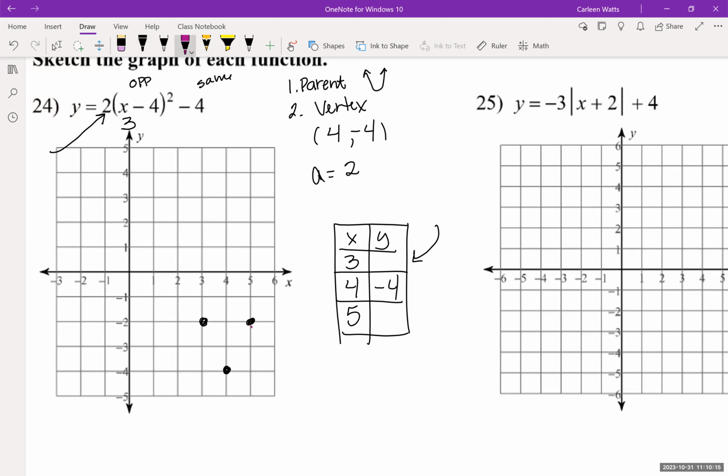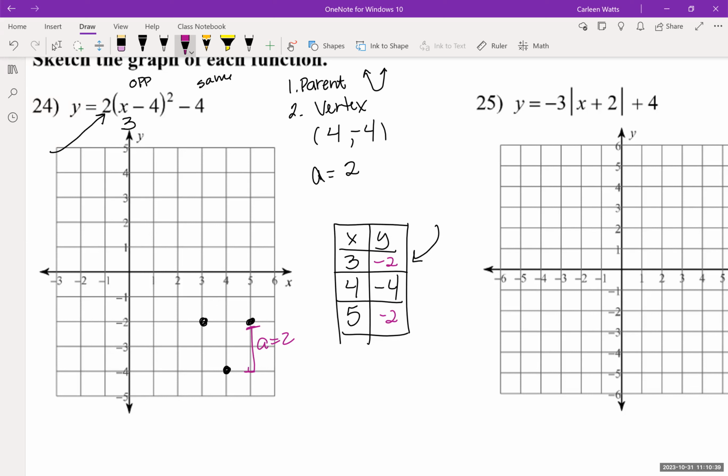Is that confusing? This is what A is. 1 to the left, 1 to the right. The x value will be negative, but A is up. So we go 3, -2, 5, -2.